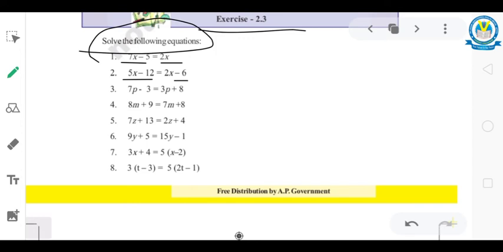Some equations have the x variable, some have p, m, t, z, n, whatever it may be. Finally, our aim is to find the value of the variable. Okay, clear.